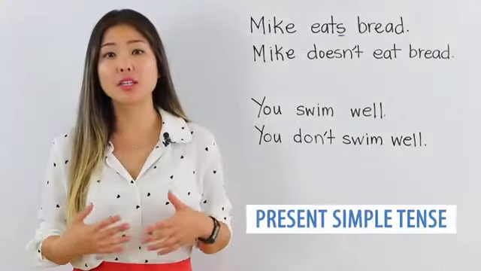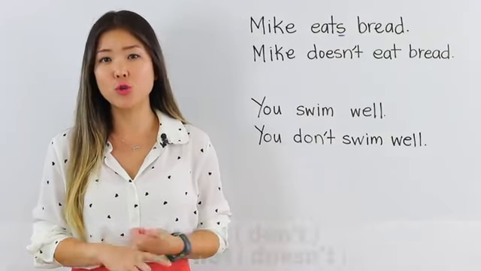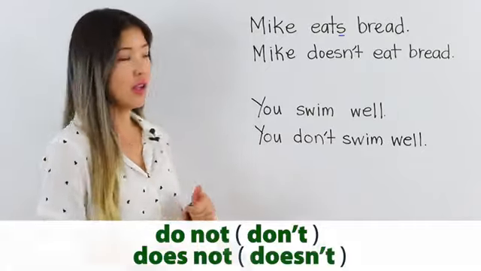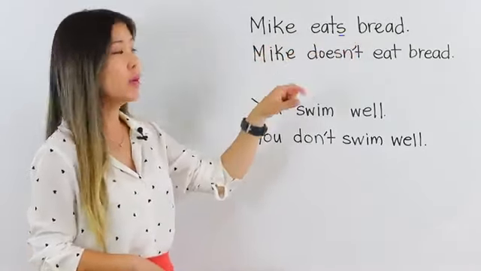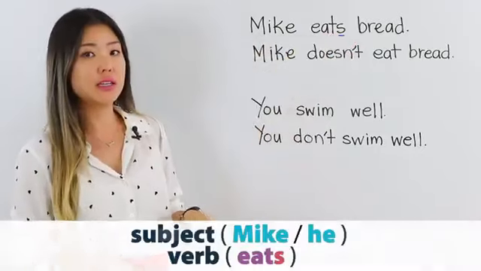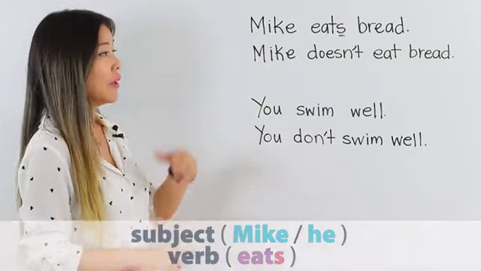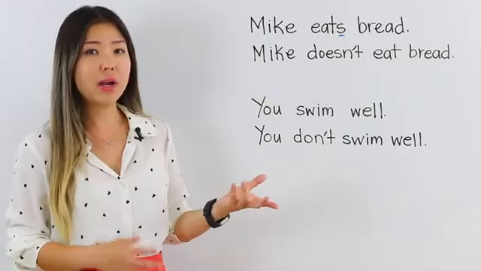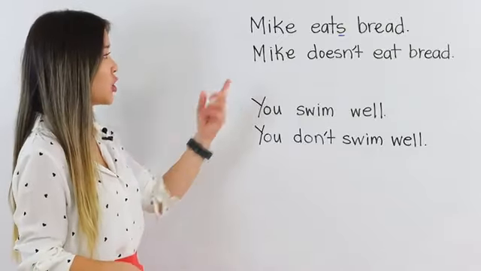Let's talk about a possible negative usage for the present simple tense, and that is do not and does not. The first example says Mike eats bread. I put an S at the end of eat because the subject is Mike, which is a he. Now that's not a negative statement. What happens when I want to turn it into a negative statement? Well, I change it like this.